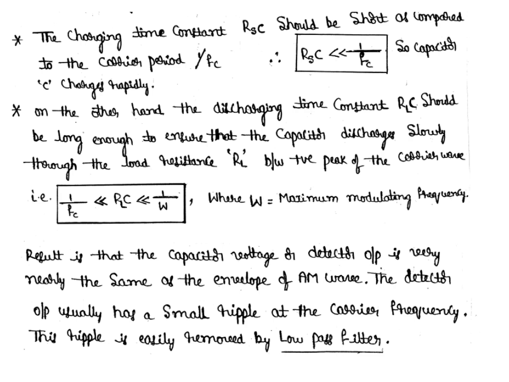How is the RSC value defined? RSC should be short, meaning what? RSC should be less than 1 by FC. 1 by FC is nothing but the time period of the carrier signal, because the carrier frequency determines how fast the amplitude of the carrier signal is changing.